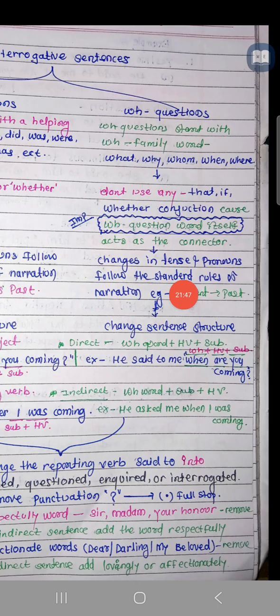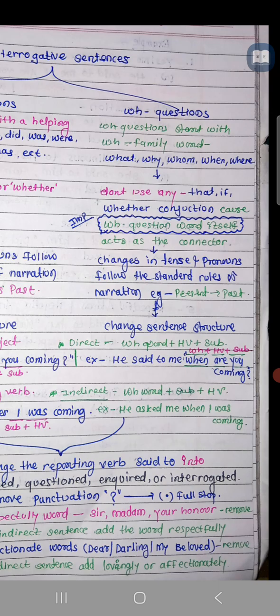Let's see the example, but the change in tense and pronoun follows the structure rule in the narration. Let's see the sentence structure: direct WH type questions have WH plus helping verb plus subject. Here we learn one thing again: yes-no type questions start from the helping verb, but WH type questions start with the WH word, that means WH word plus helping verb plus subject. The structure is the same, but WH is included. WH family words don't change into indirect speech; they stay as they are.